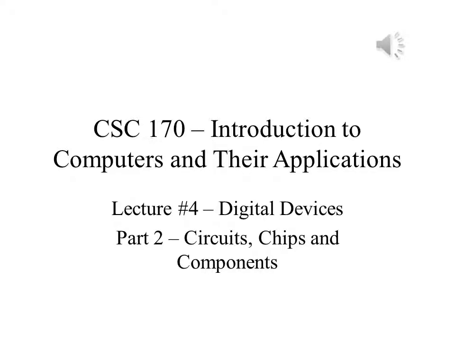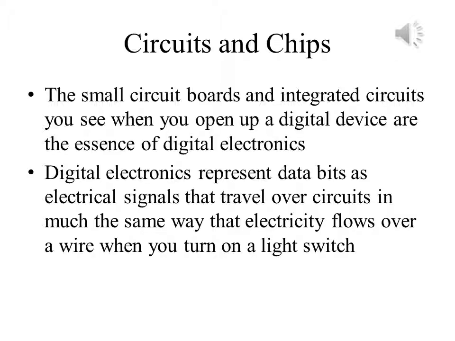In Part 2 of Lecture 4, we will discuss circuits, computer chips, and components. A computer is a complex electronic device with literally billions of transistors, which are all microscopic electrical switches.